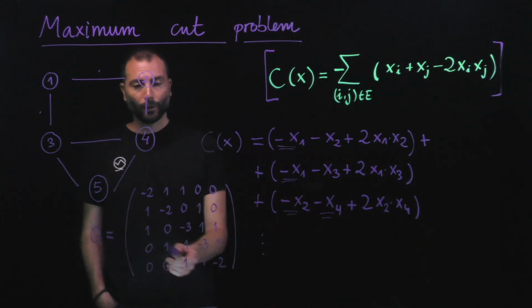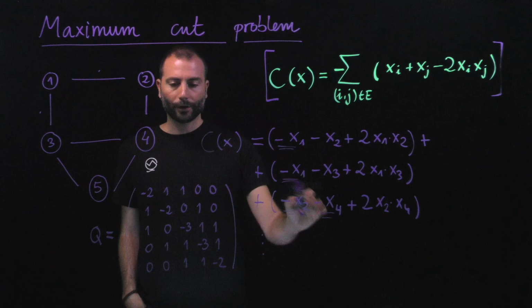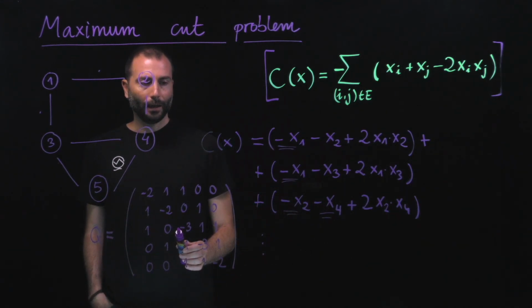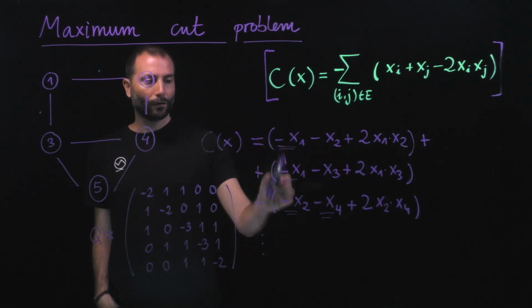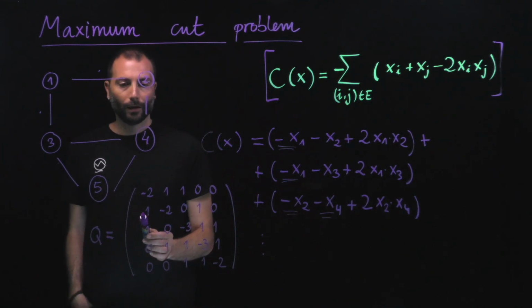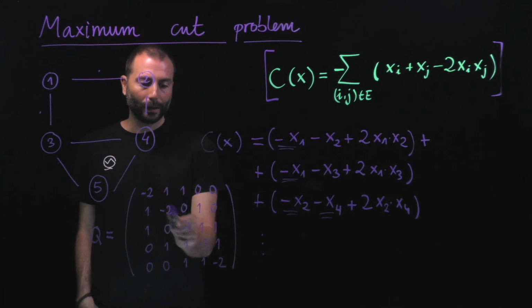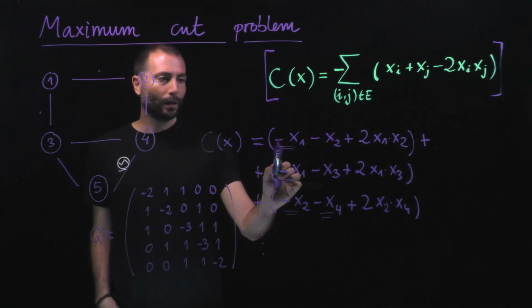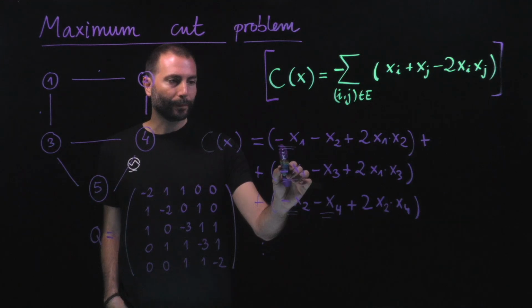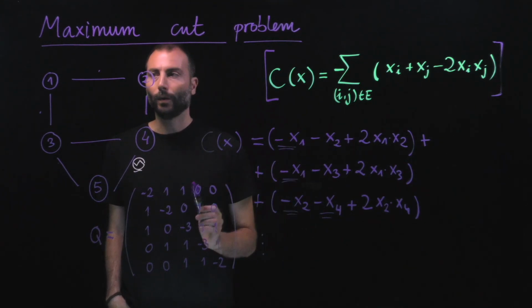So here I have written the Q matrix associated to this cost function. And notice that although the cost function was very long, the Q matrix is relatively simple because what we notice is that, for instance, the diagonal elements correspond to these elements that we have here and that are alone.